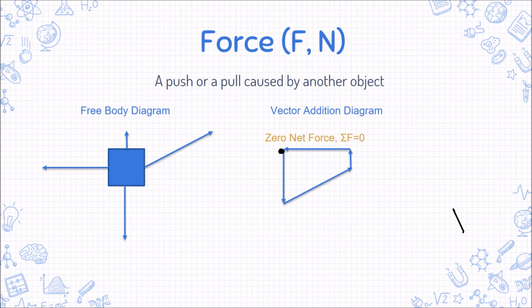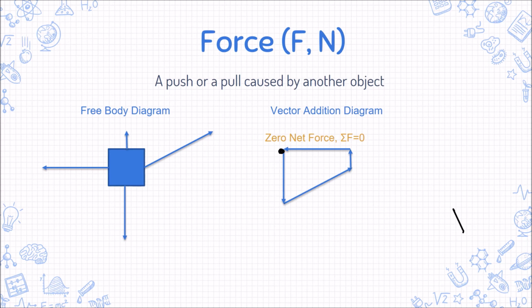And because we end up exactly where we started, we know that there is zero net force acting on our object because there is no resultant force. The net force is another way to say the resultant force for an object.